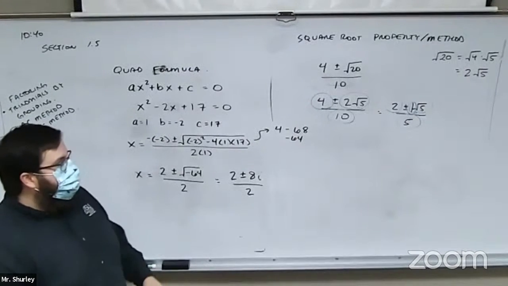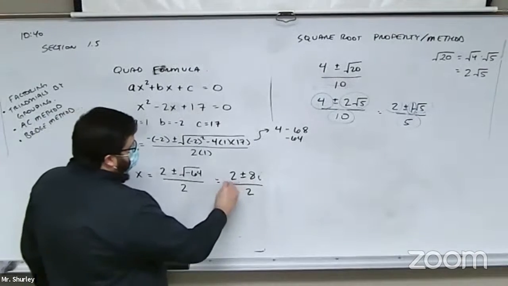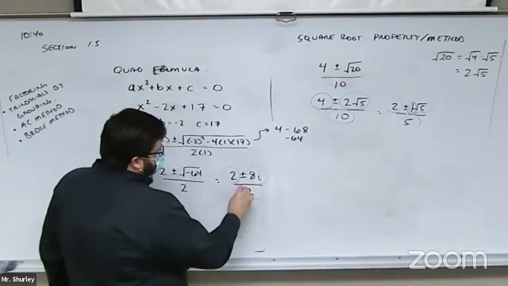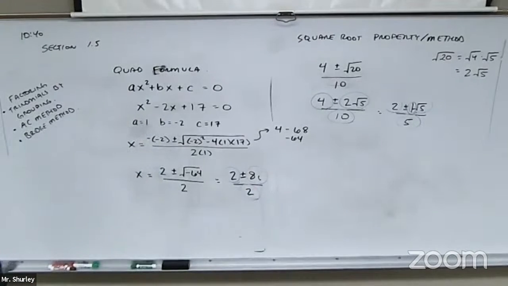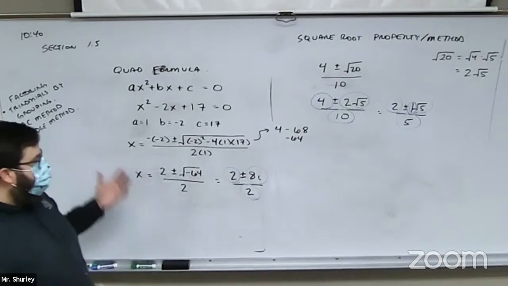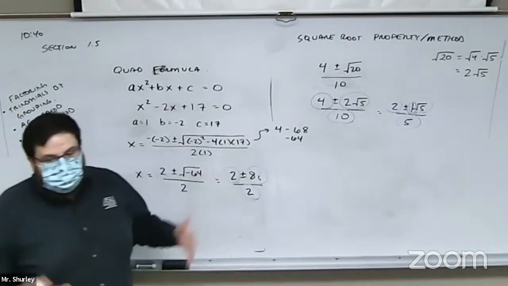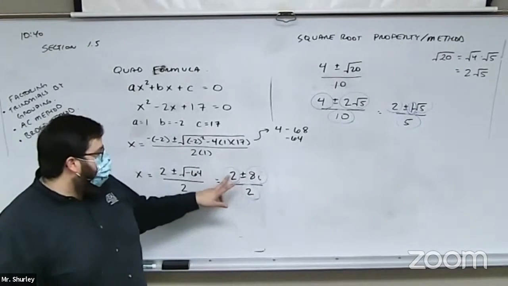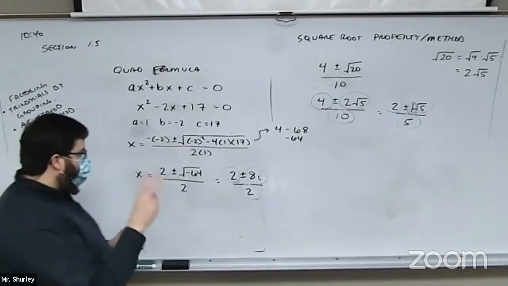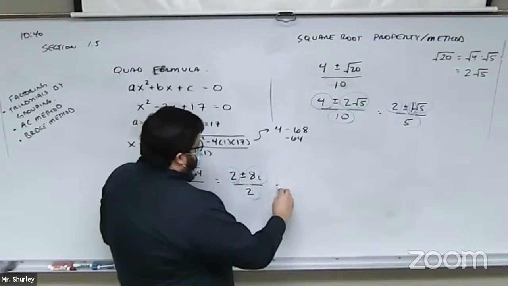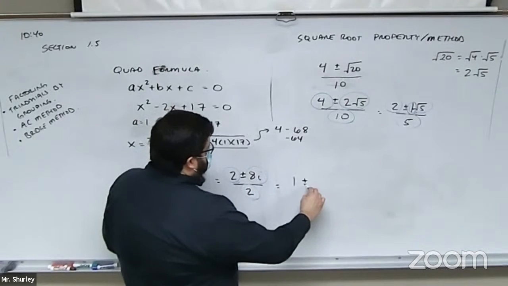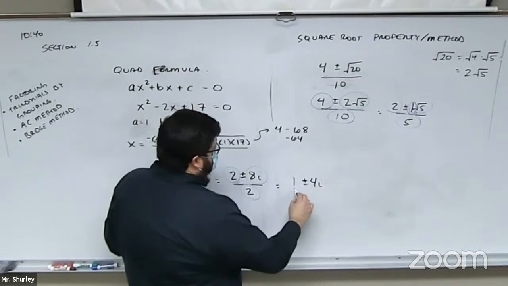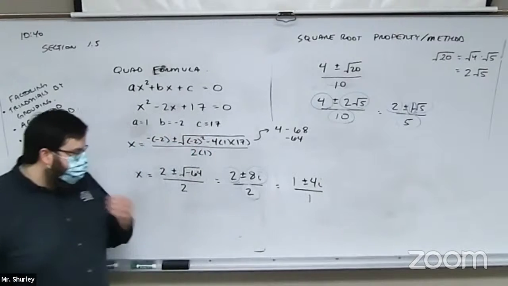So I'm going to do the same thing I did before. I've got to look at all 3 parts: the 2, the 8i, and the 2. What's divisible into all 3 parts? 2, right? So you wind up with 1 plus or minus 4i all over 1.